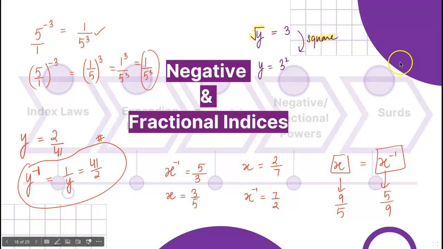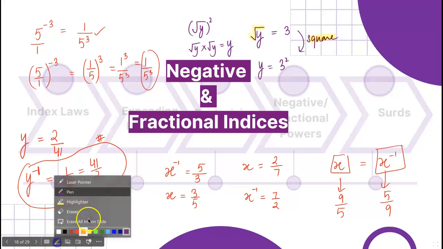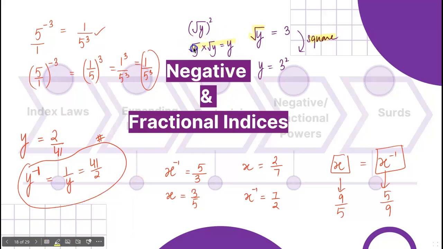Once you square, if you write square root of y squared, that is nothing but square root of y times square root of y, and it will give you y only. Because I'm considering you to be just passing out your GCSE, obviously I'm going to be more explanatory over here. Hope that makes sense.